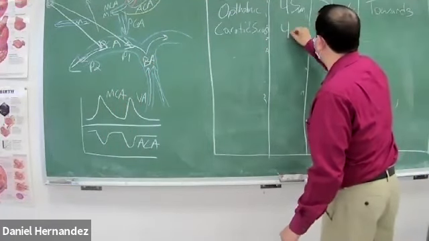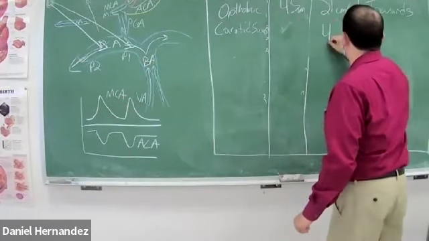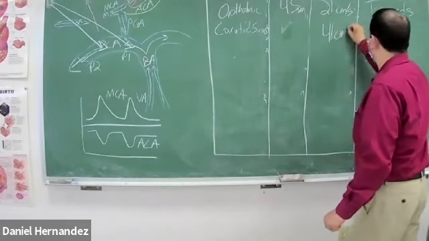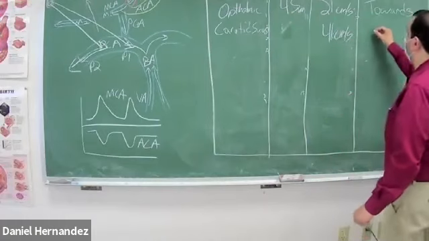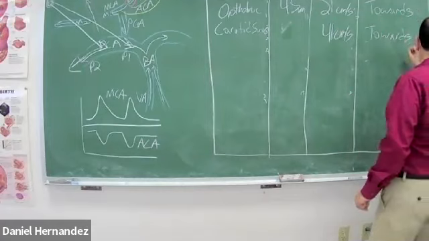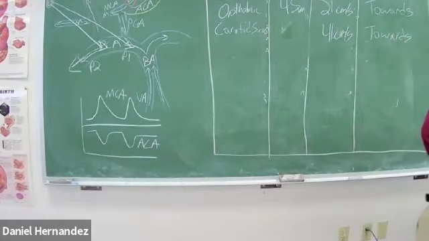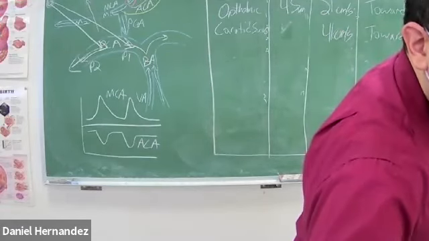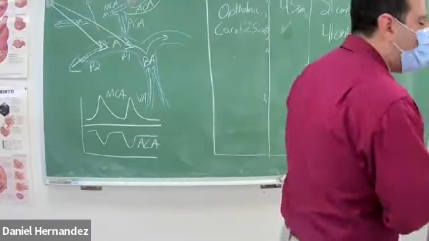This is going to be, I'm sorry, 41 for mean velocity. It's going to be towards. Our depth is 65.